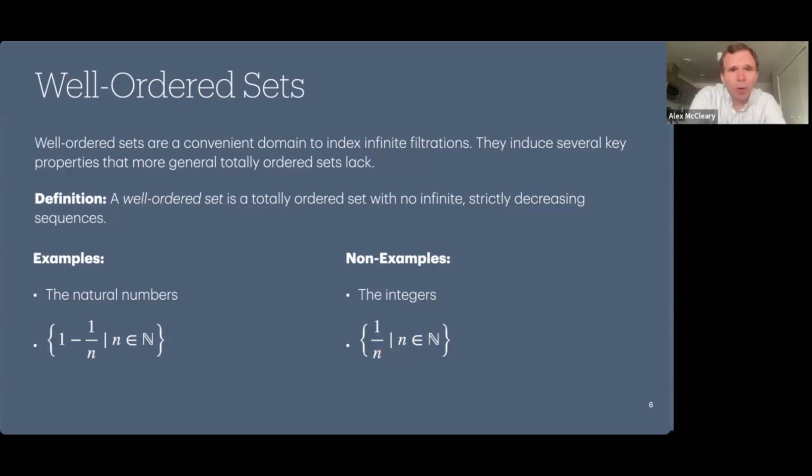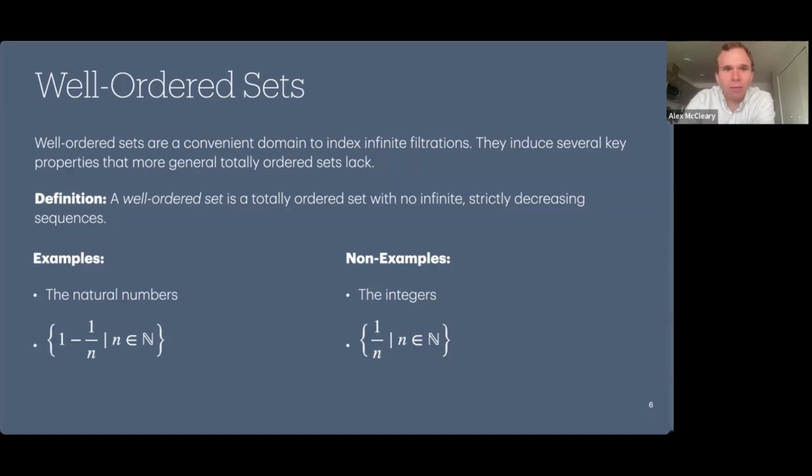For our purposes, you can think of well-ordered sets as just embeddings of the natural numbers. Well, okay, maybe that's not what I want to say, but the well-ordered sets that will arise in persistence are typically just going to be embeddings of the natural numbers into the real line.